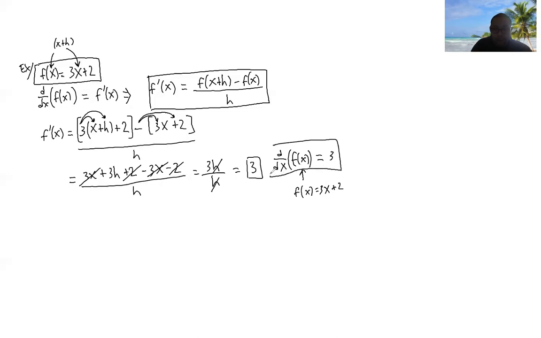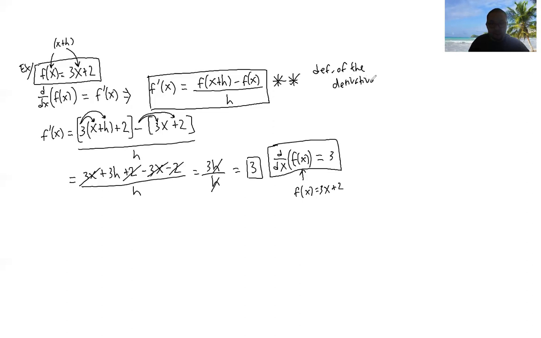So if you got it up to this point, good job. If you didn't, pause the video and try to look at the steps that we took to get here. All the work that we're doing is based on this formula right here, the definition of the derivative.